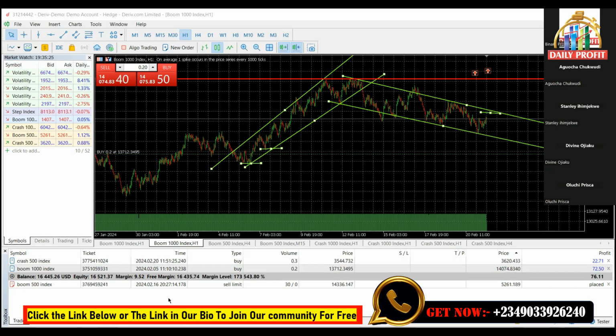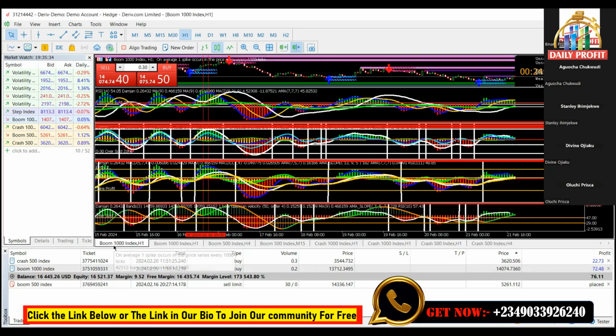But once you apply the binary daily profit on this chart, it will paint a picture of where most of this is supposed to happen. But binary daily profits will not replace the normal pattern that you use in doing your analysis, which is by drawing your trend line, your support and resistance. It is a guide that will help you enhance your trades.